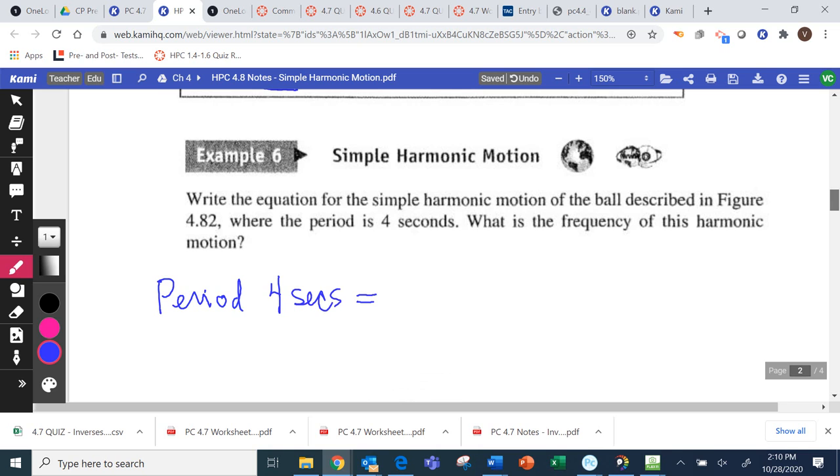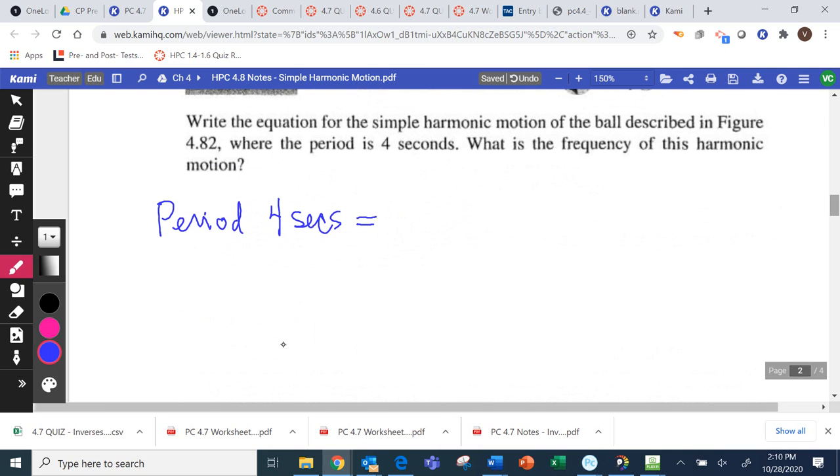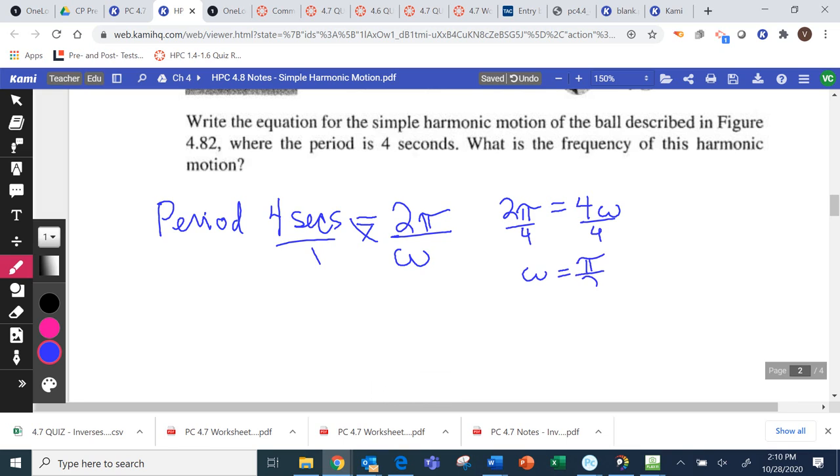And if I set that equal to 2 pi over omega, I can solve for omega. I'm just going to cross multiply that. So for that first example with the ball, this omega value is pi over 2. So if you were graphing it, that would be like the horizontal stretch or shrink that you would multiply by the reciprocal in your table.